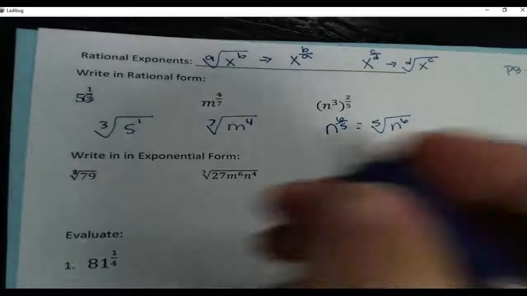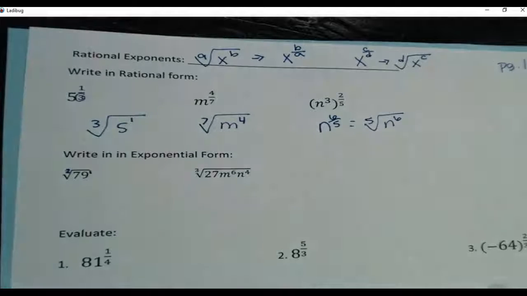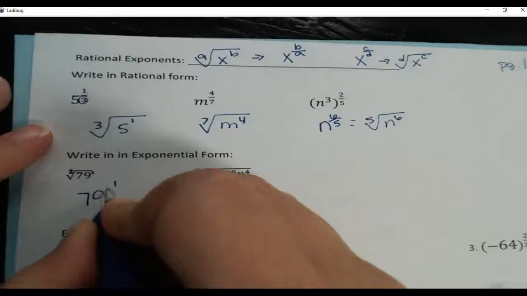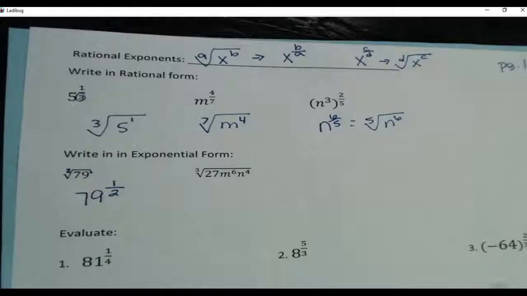A 1. Good. So if the root doesn't have a number, it's a 2. If the base doesn't have an exponent, it's a 1. So then this would be 79. The 1 stays where it is, the 2 becomes the denominator. Questions?